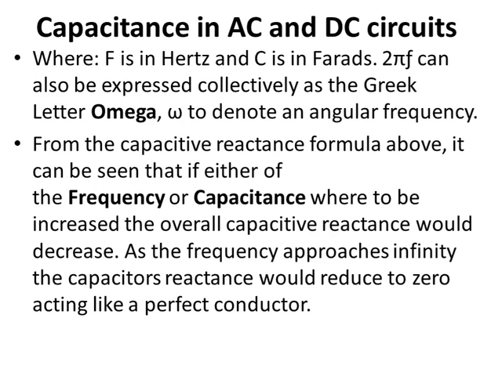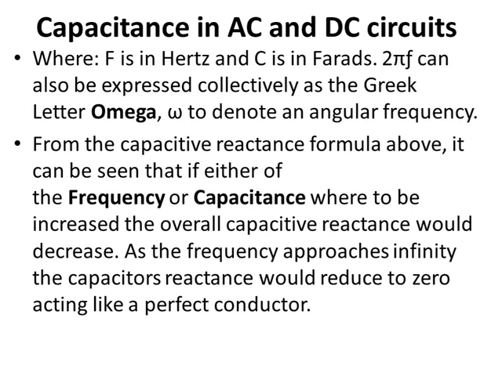So from the capacitive reactance formula above, it can be seen that if either the frequency or the capacitance were to be increased, the overall capacitive reactance will decrease. Since what you're having there is inverse, XC equals 1 over, they are not directly proportional, they are inversely proportional.